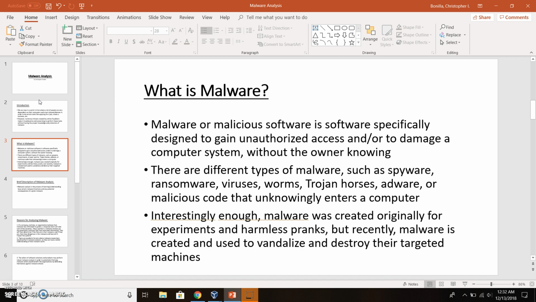Interestingly enough, malware was created originally for experiments and harmless pranks, but recently malware is now created and used to vandalize and destroy their targeted machines.